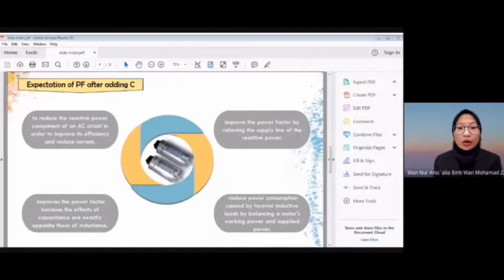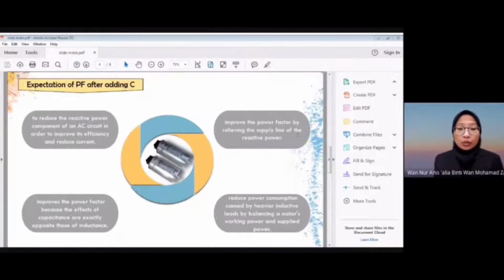It is also to reduce power consumption caused by heavier inductive load by balancing a motor's working power and supply power. The kVA rating of a capacitor shows how much reactive power the capacitor will supply. However, the power and the increased current draw between the load and the capacitor will remain unchanged.